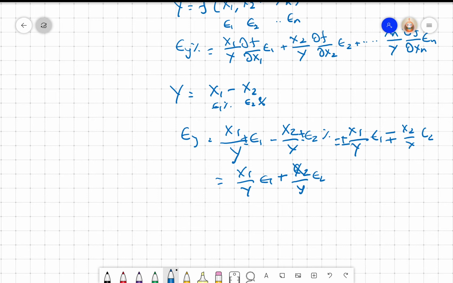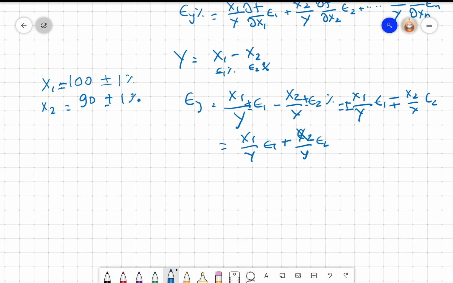Let's take an example here. Let's say x1 is equal to 100 plus or minus 1%, and x2 is equal to 90 plus or minus 1%, right? Now I am subtracting, y equals x1 minus x2, so that would be 100 minus 90, that is 10.